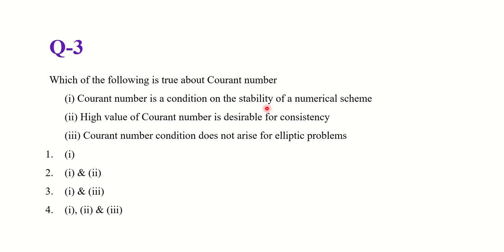Since in elliptic equations time marching is not possible, Quran number condition does not arise for this problem. So we are saying options 1 and 3 are right, and it is option 3. That is, the third one is the correct answer, which gives first and third statements to be true.